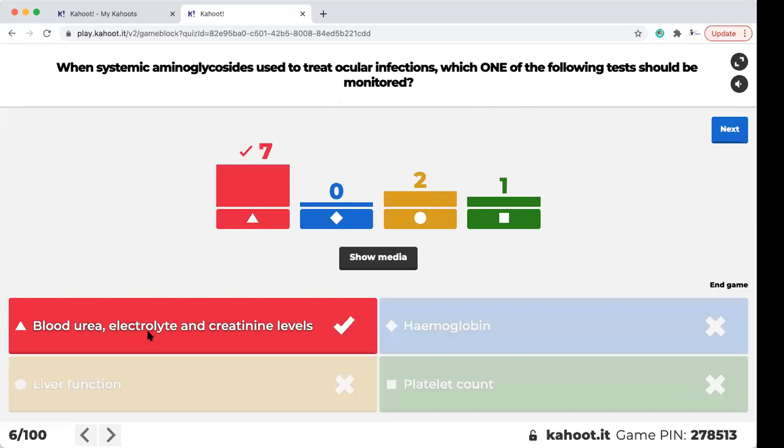The blood urea, electrolytes, and creatinine level should be monitored if a patient is receiving systemic aminoglycosides, because these drugs are nephrotoxic. So this is the right answer, not hemoglobin or liver function or platelet count. Aminoglycosides like gentamicin, tobramycin, and amikacin have all been associated with nephrotoxicity and also ototoxicity.